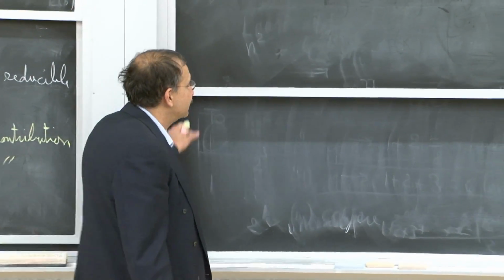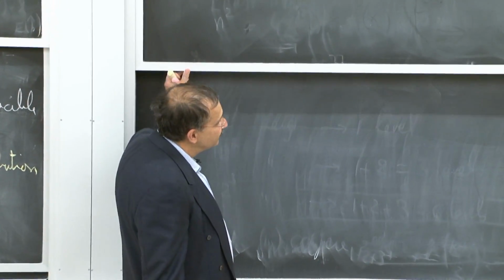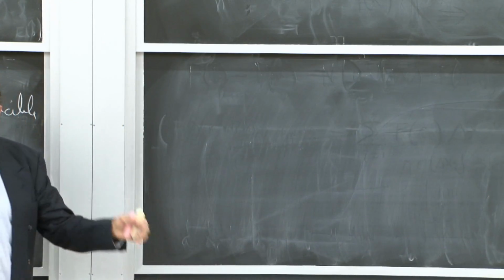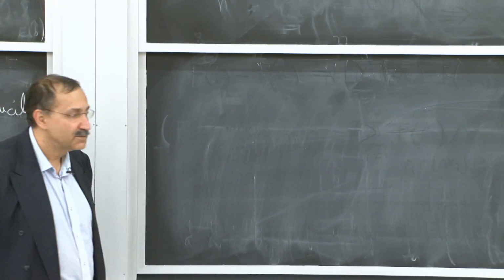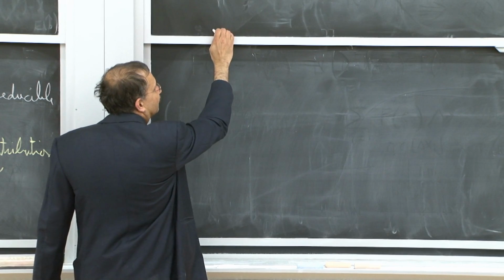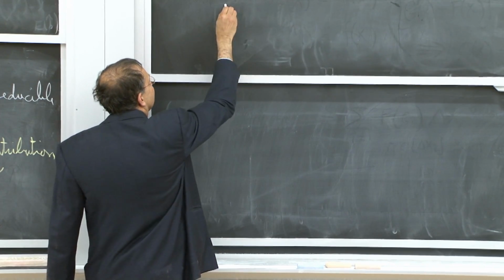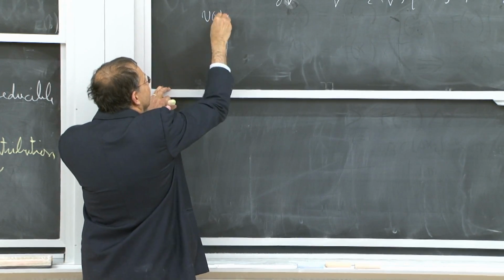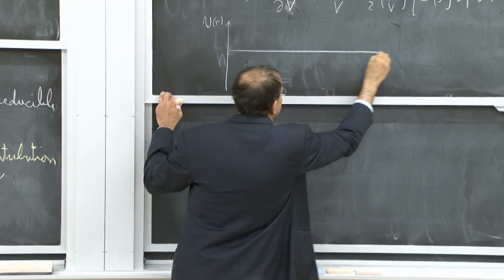Why is it useless? Because let's think back about these two oxygen molecules in the gas in this room and what the potential of interaction between them would look like. Presumably, it is a function of the relative separation. We can call it r or q. It doesn't matter.